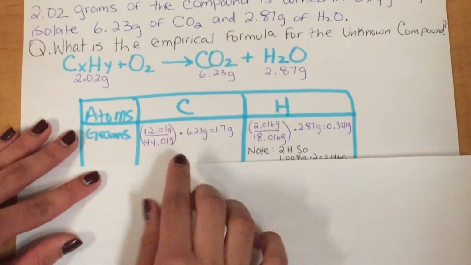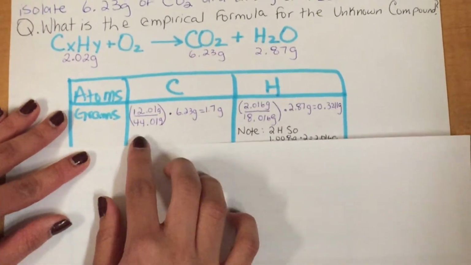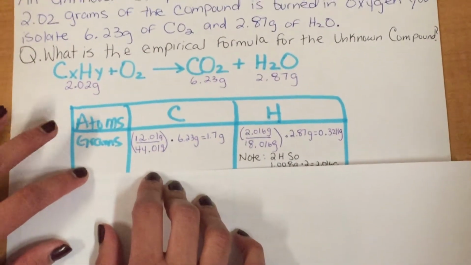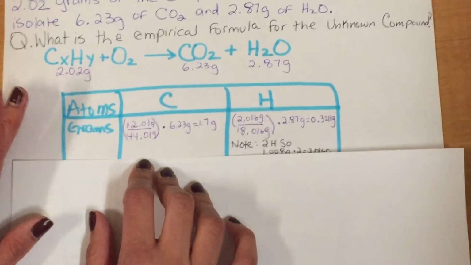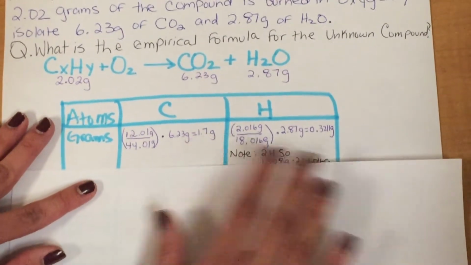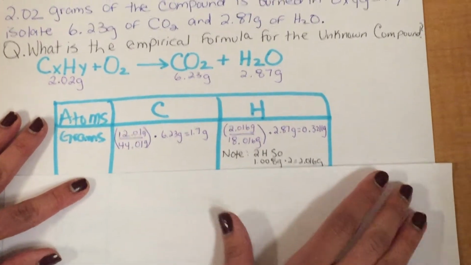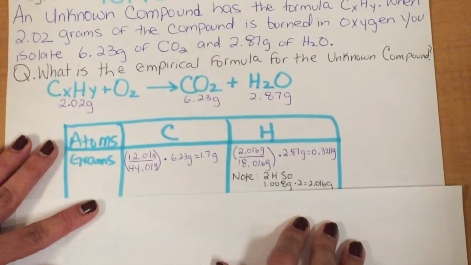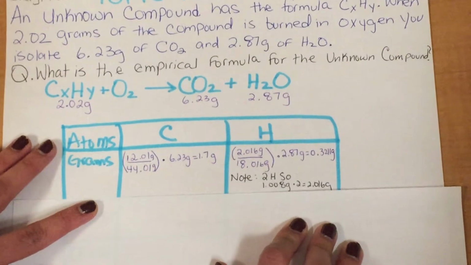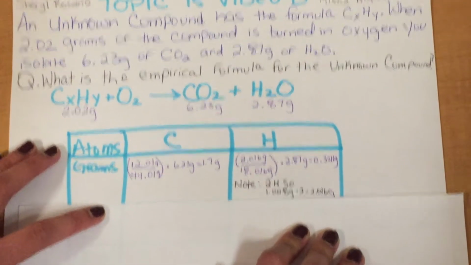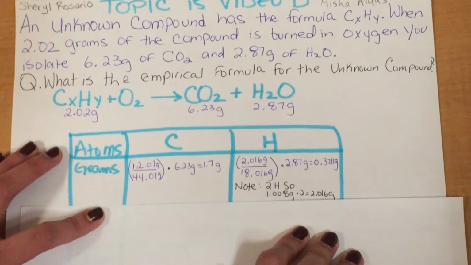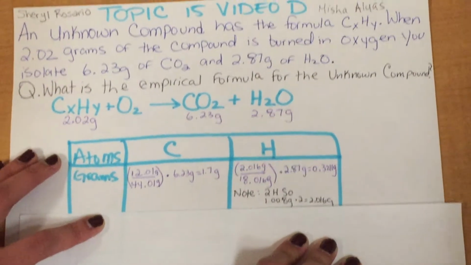So first for carbon, we do 12.01 grams divided by 44.01 grams times 6.23 grams, and we get 1.7 grams. For hydrogen, there's a special note here because since there are two, we do 2.016 grams over 18.016 grams times 2.87 grams, which equals 0.3211 grams.